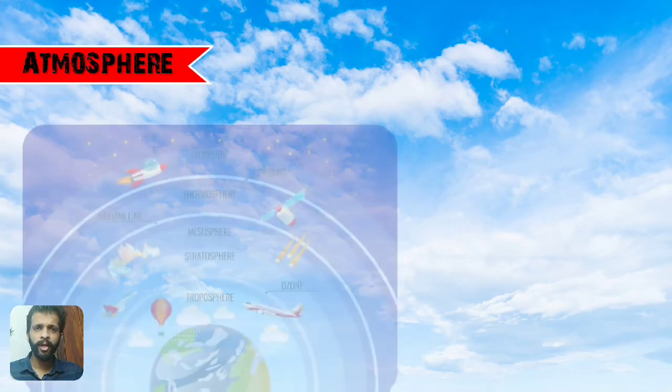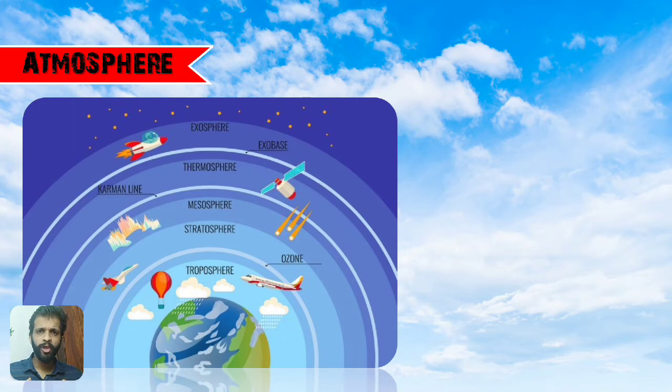So let us learn a little bit more about this atmosphere. I can draw the earth and then different layers. Now in this chapter we don't actually study all these layers, but just for your information there is a troposphere, a stratosphere, a mesosphere, and all the other layers, thermosphere and exosphere, and so on.